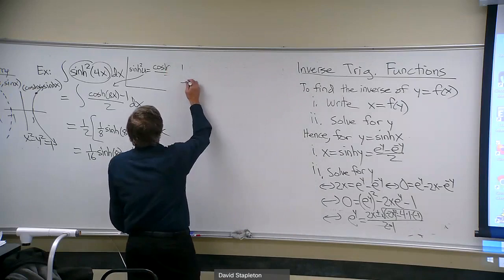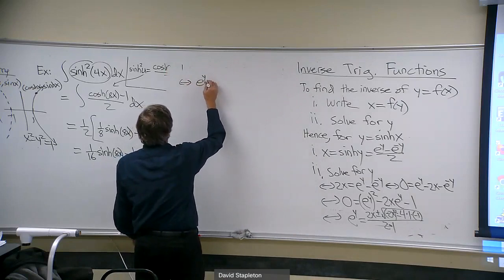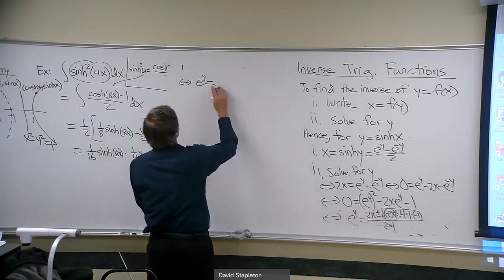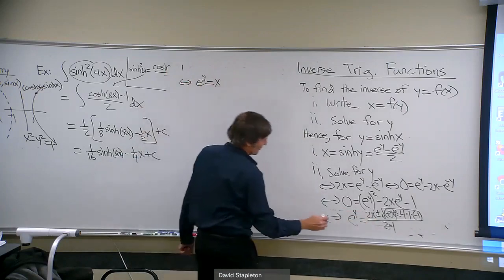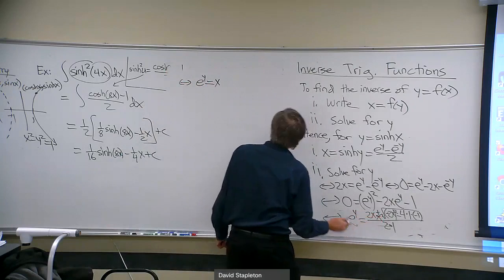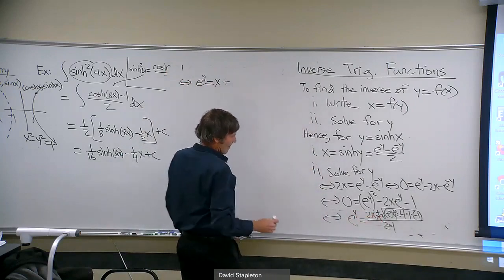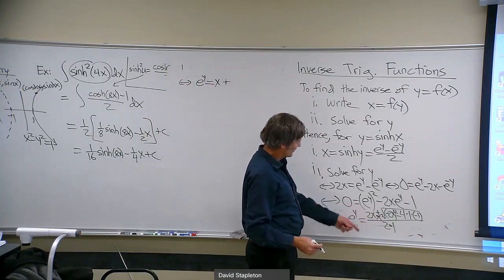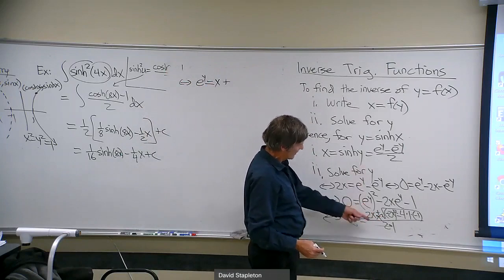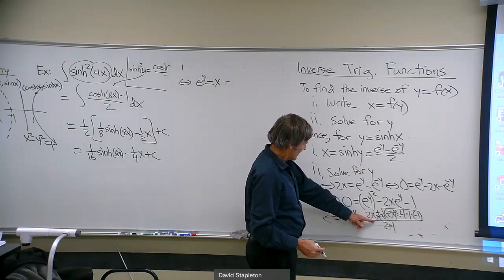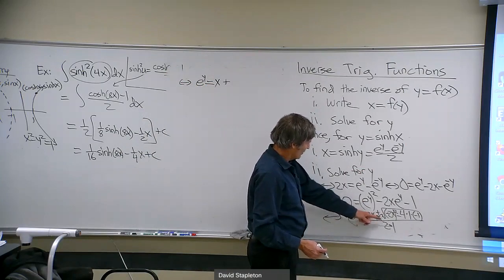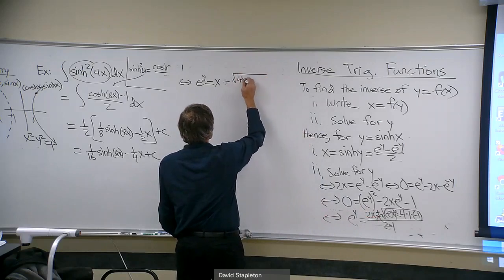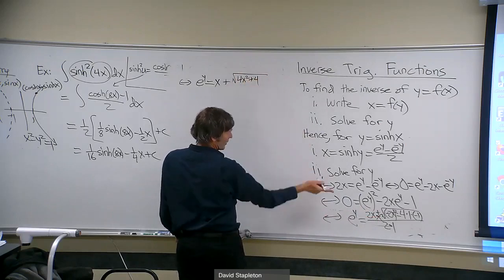Well, that's equivalently e to the y equals, and we can simplify this, 2x over 2 is x. And actually for this, we want just the plus sign, it turns out. This won't be a function if we use both plus and minus, and the inverse ones use the plus. This square root is square root 4x squared plus 4, and it's over 2.